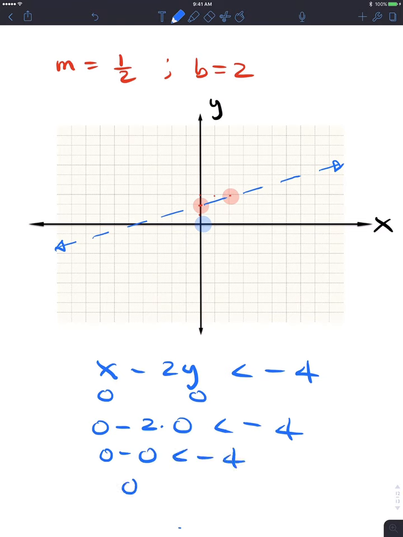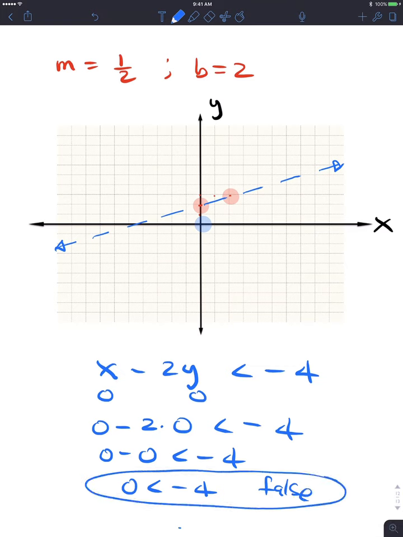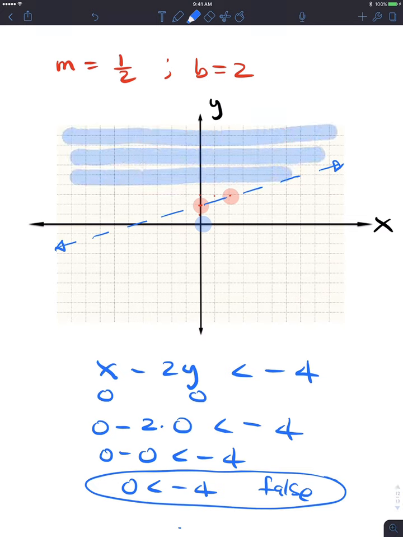We get 0 less than negative 4. This is a false statement. That means we shade the region that does not include the test point, the upper left region. You are done.